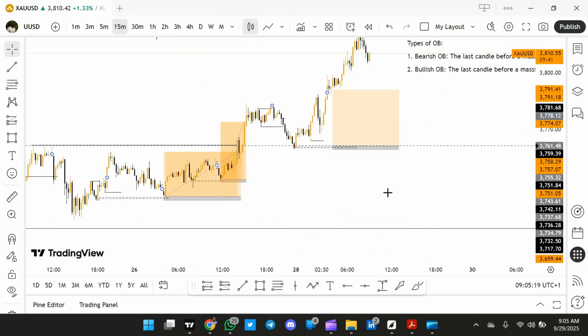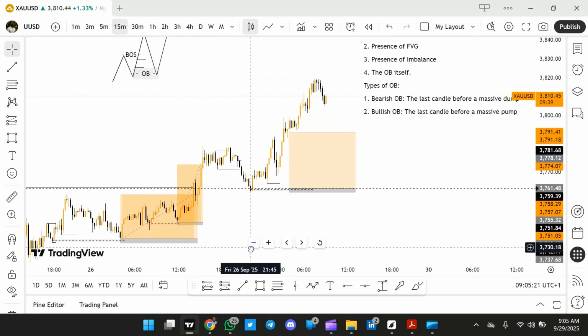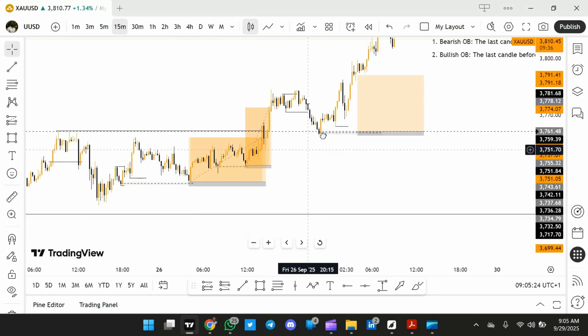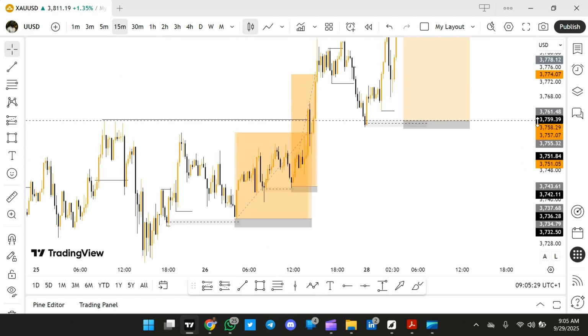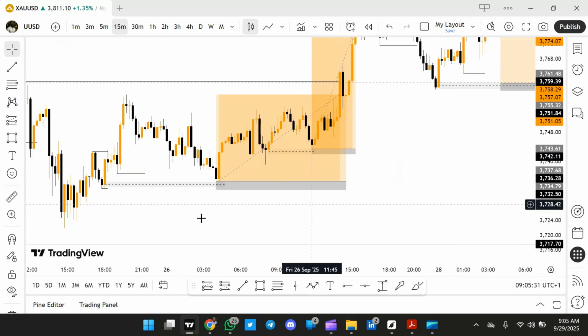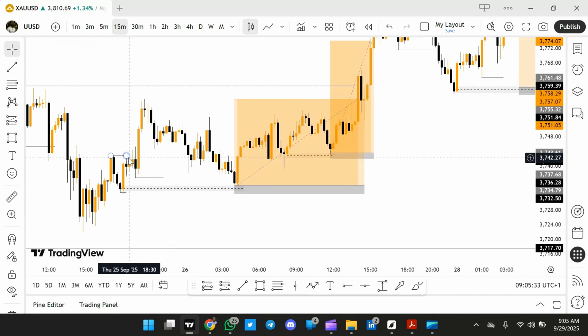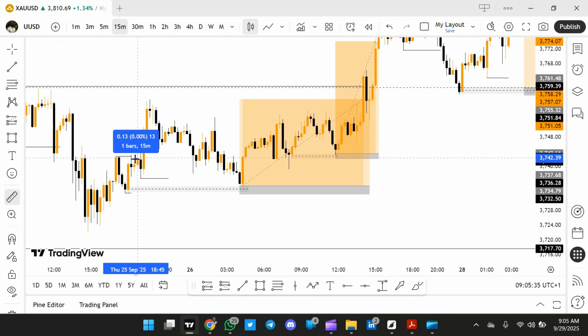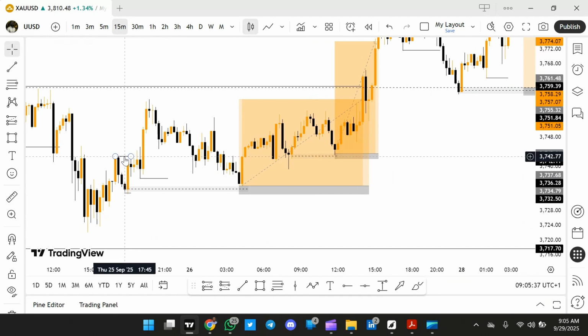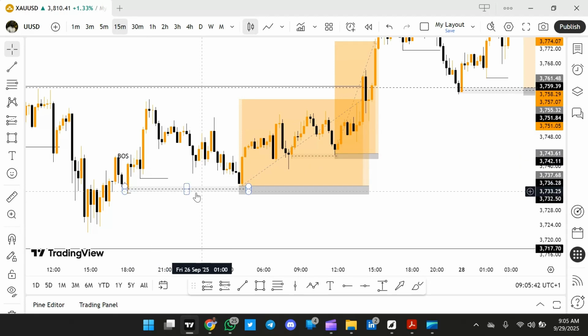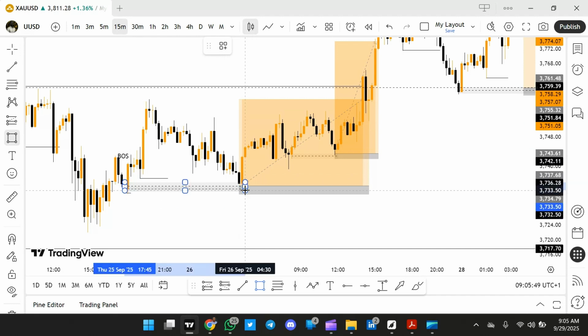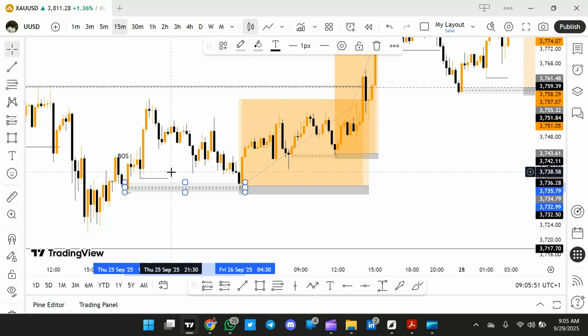Let's go to a live chart so I can show you. Now we have a bullish order block here. All these things have to be present before an OB can be called a valid OB. Now look at this. We have a break of structure here, then the OB itself. This OB here, you can see the OB itself, and then the gap.